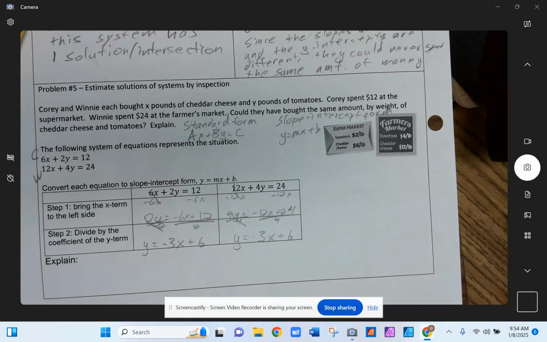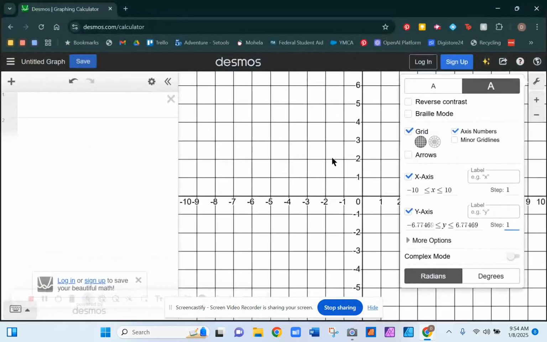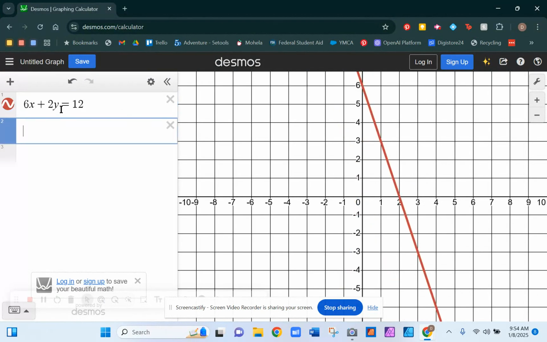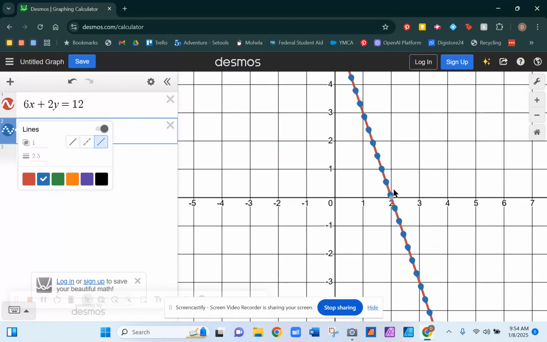Let me real quick get my Desmos again. I have to boot it up because I had to reset my computer. I'll pull that over here and put the original equations in. 6x plus 2y equals 12, and then 12x plus 4y equals 24. We can see the same line. I'm going to show this one as dotted. If you zoom in, you can see that they're both the same line right there.